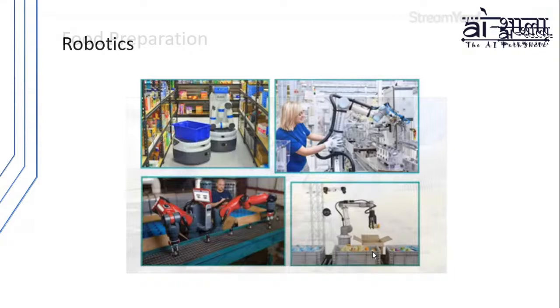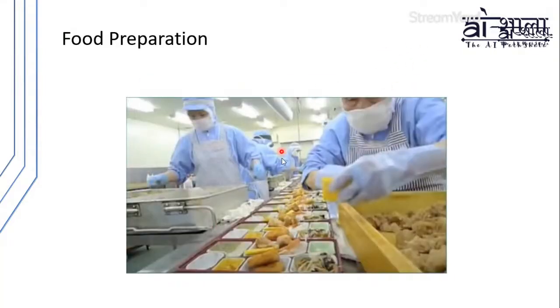I will tell you about one quick application. This is an image from a restaurant in Japan, where the chefs are handling some eatable items and placing them in different plates, right? This is a very frequently running restaurant.